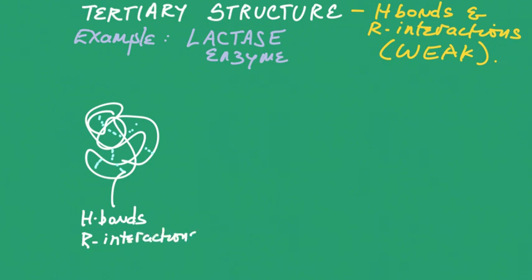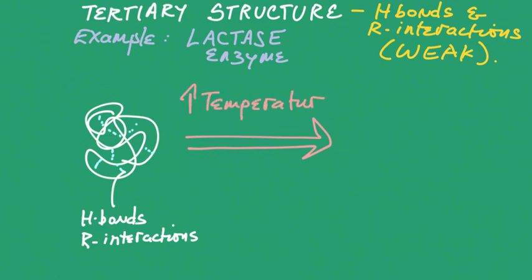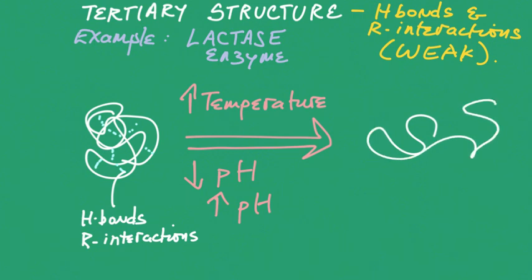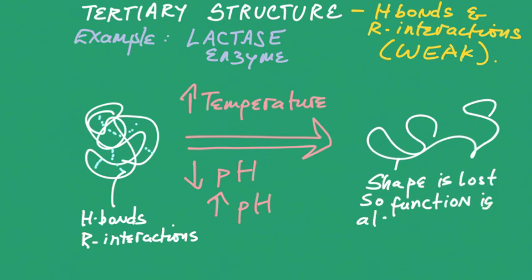If the body temperature increases beyond 40 degrees Celsius, then there is a possibility that these bonds will break. The greater the temperature beyond 40 degrees Celsius, the faster the breakdown of this shape. A low pH, such as acid, and high pH, such as base, can also disrupt the shape of the enzyme. And once the shape is lost, its function is lost as well.